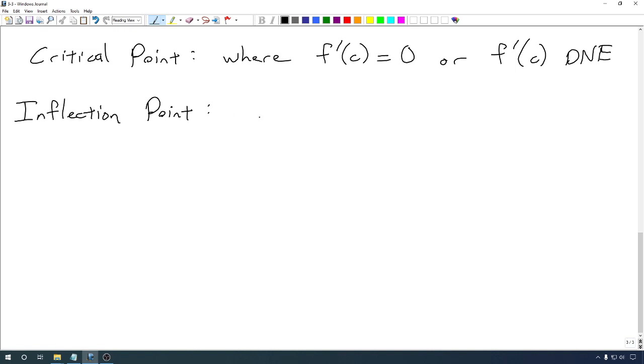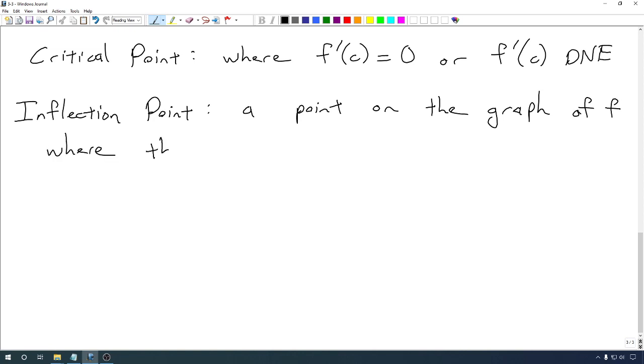An inflection point is a point on the graph of f where the concavity changes. Basically, the concavity either goes from being concave up to concave down, or vice versa. It goes from concave down to concave up. But the concavity actually has to change at that point.